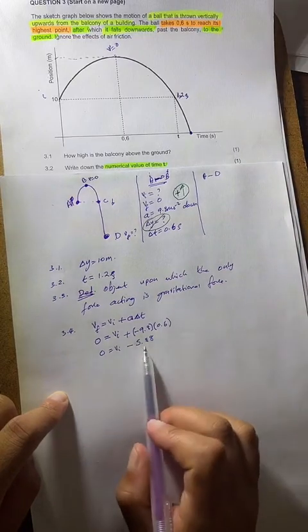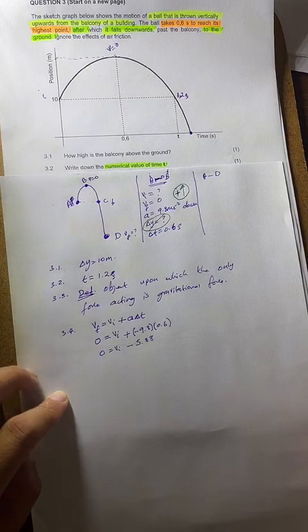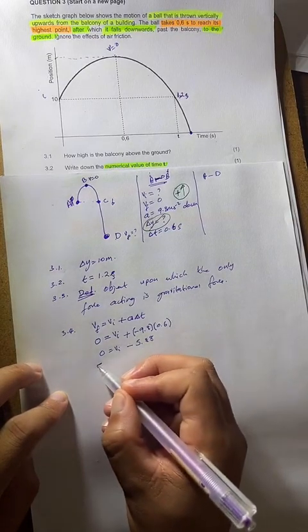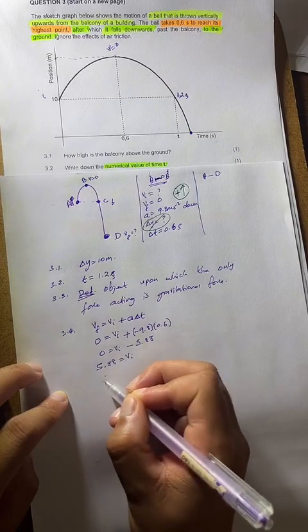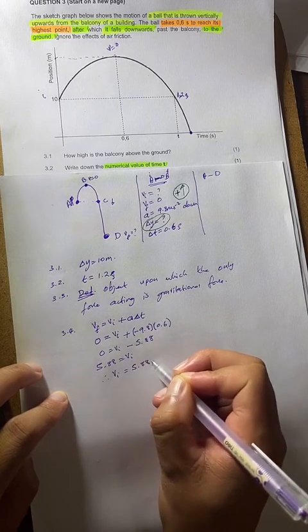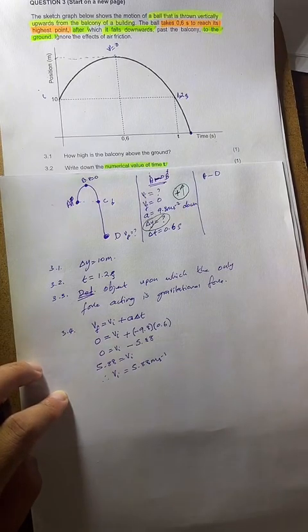Now the next step, you transpose this number to the other side, or you can transpose VI. Depends which one you choose. I decided to transpose this number because it's negative, to make it positive. 5.88 equals VI. So therefore VI is 5.88 meters per second.